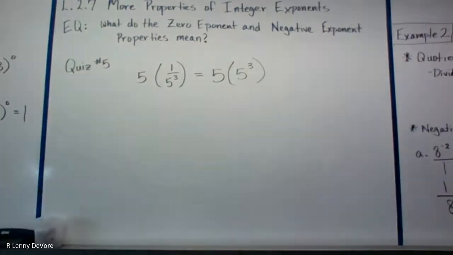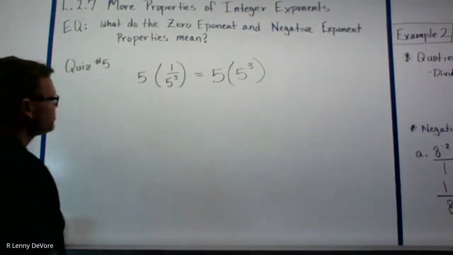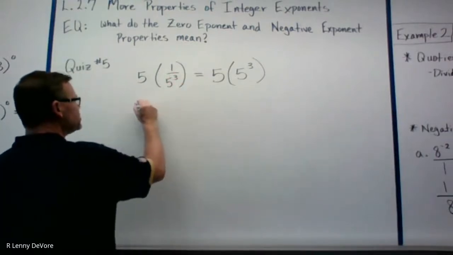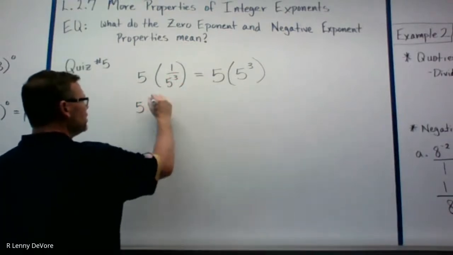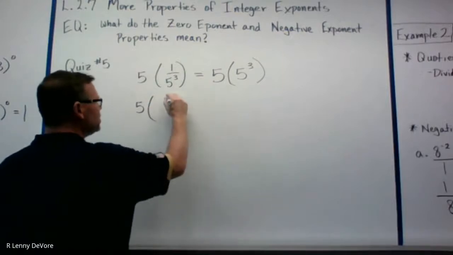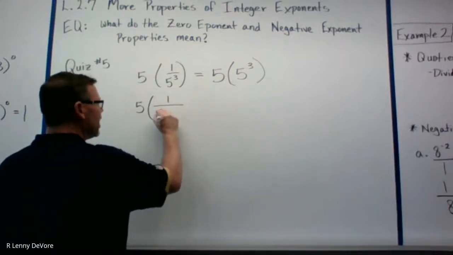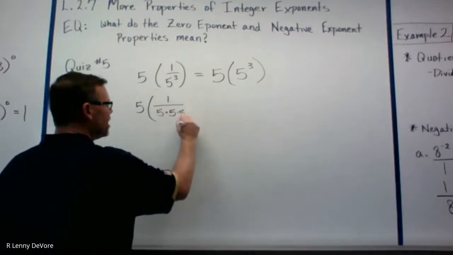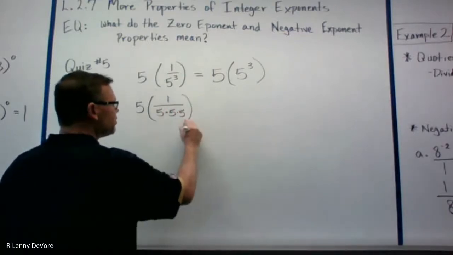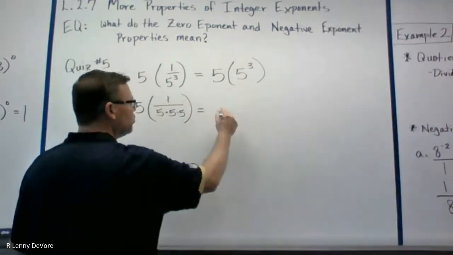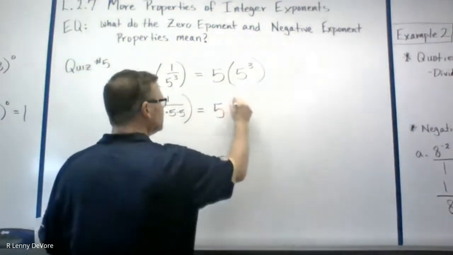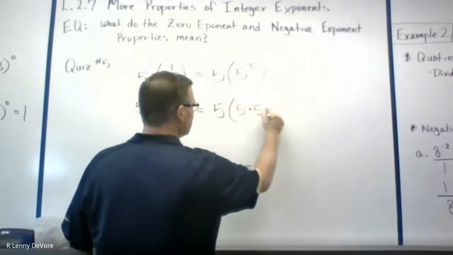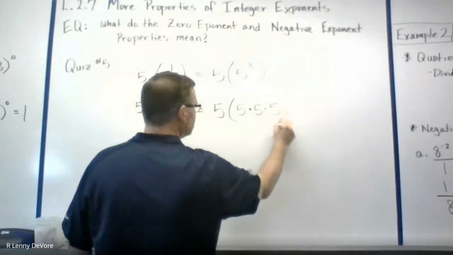Okay? So what we need to understand is this. This right here, this 5 is going to stay like this, okay? But this is actually 1 over 5 multiplied by 5 multiplied by 5. 5 to the third power, right? And this equals 5 multiplied by 5 multiplied by 5 multiplied by 5.